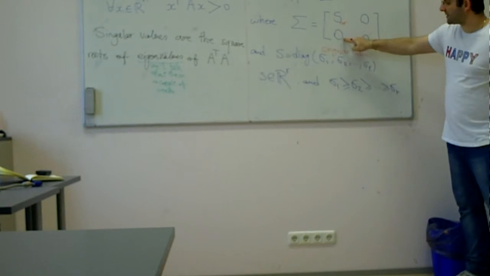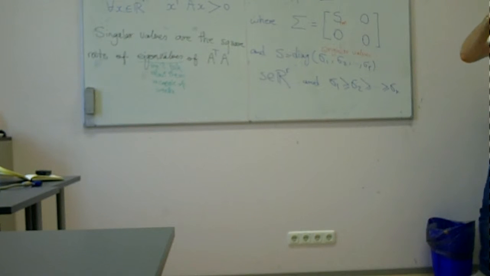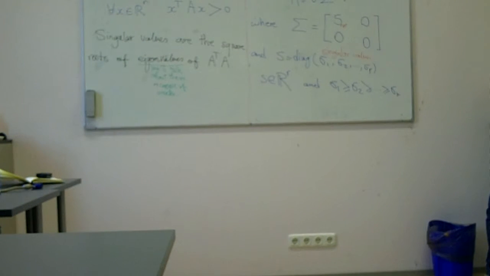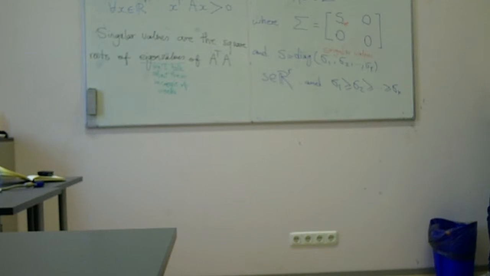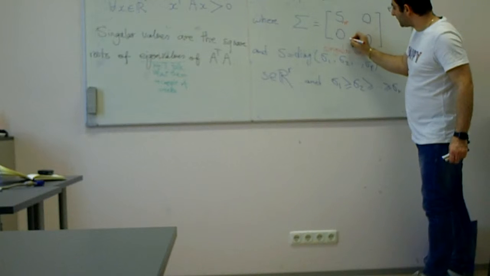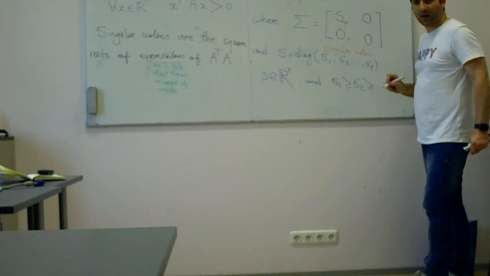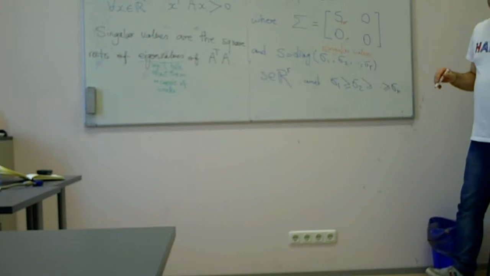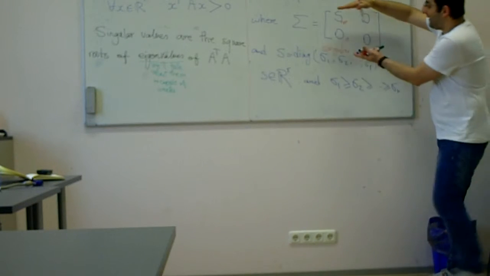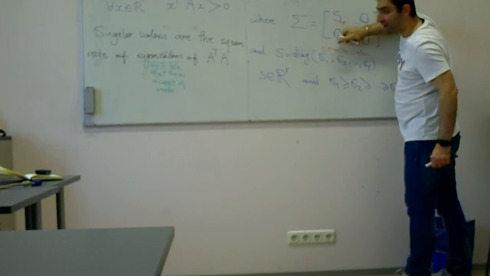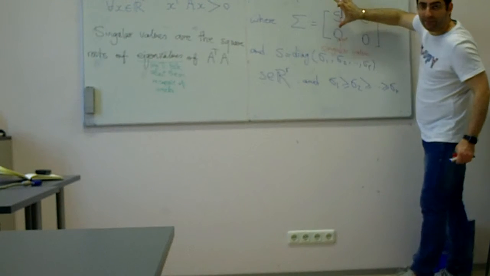Can you tell me now what is the size of this 0? If you put them on top of each other, the columns should be r. But what about the rows? The total should be m, so it will be m minus r, because m minus r plus r makes m.